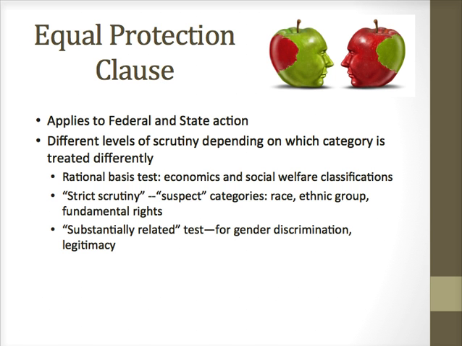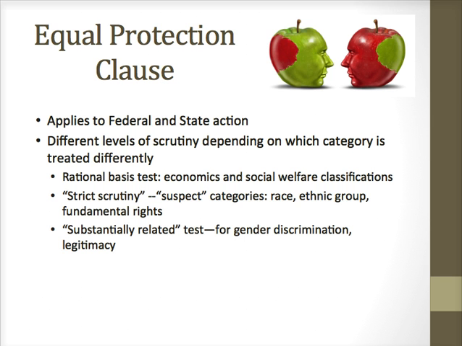And so if government passes a statute that treats people in a certain ethnic group differently than other ethnic groups, the court will use strict scrutiny to figure out whether the state or the federal government was right in making that distinction.